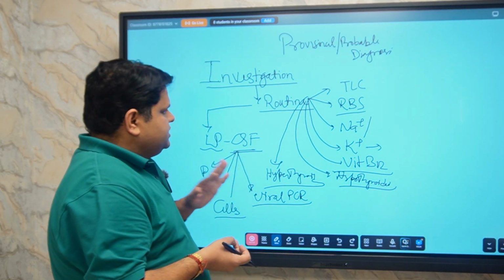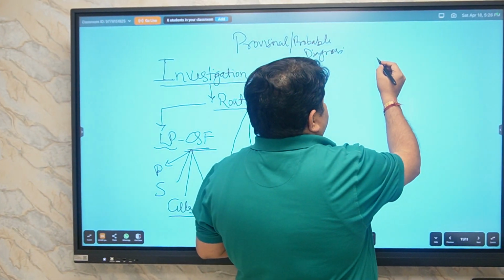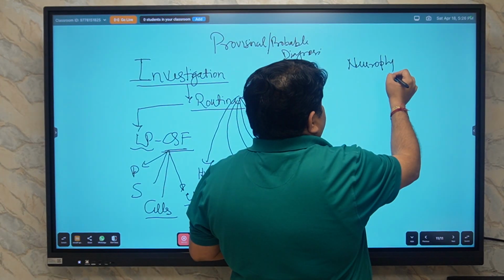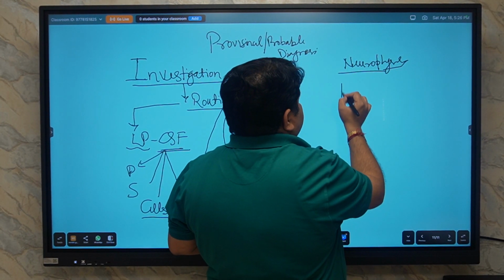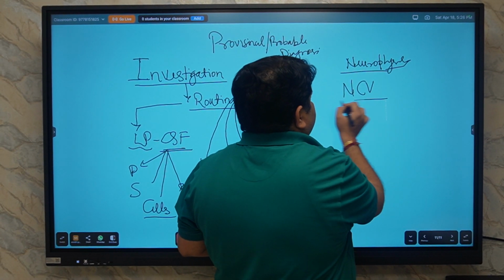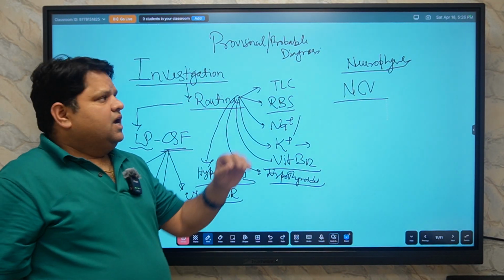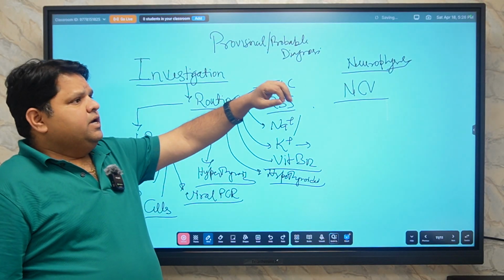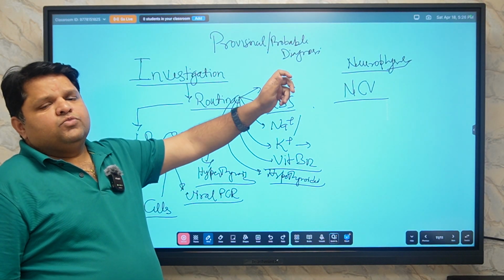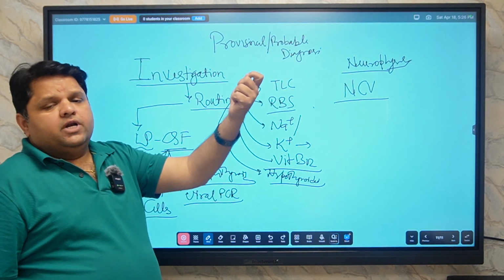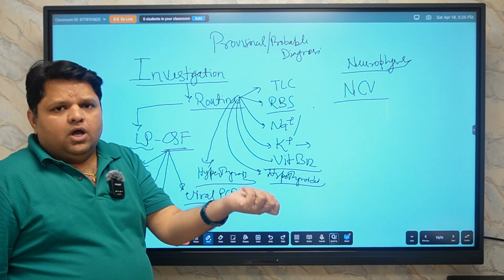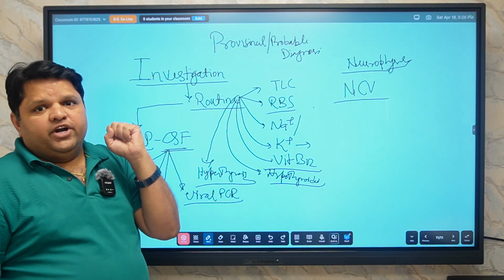After CSF we have neurophysiology investigations like NCV, nerve conduction velocity, examination of conductivities, in cases of neuropathy, GBS, CIDP, carpal tunnel syndrome, femoral neuropathy, leprosy, meralgia paresthetica, foot drop, wrist drop, radial neuropathy.